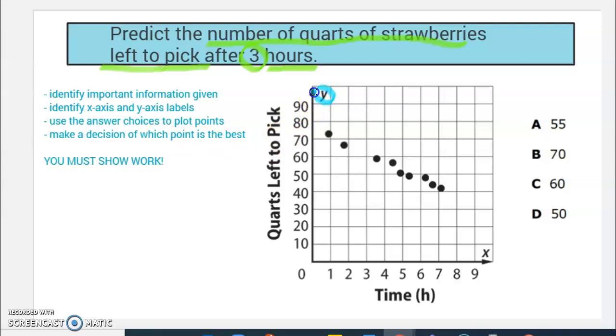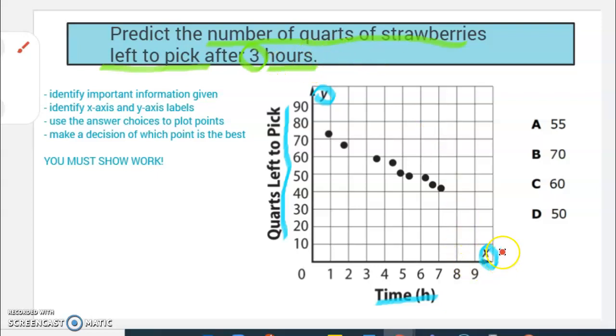My y-axis is called quarts left to pick, and my x-axis is called time in hours. I thought that 3 hours was important, so that's the first number that I'm going to look for. They give me a piece of information to use that I can work off of.